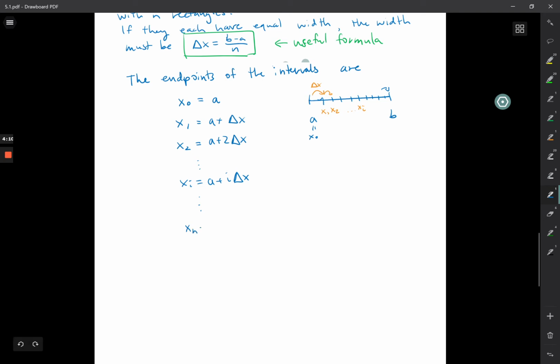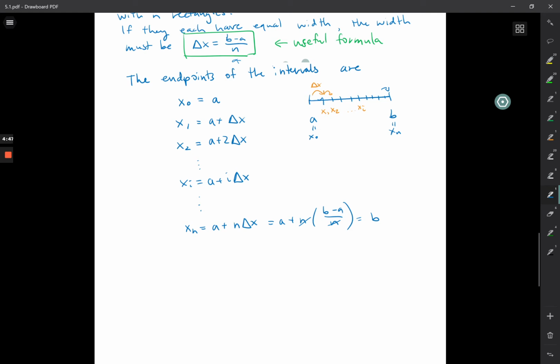So xn, following this pattern, will be equal to a plus n times delta x. It should give us b, and if we work this out, knowing that delta x is equal to b minus a over n from our formula, these n's cancel, and we get a plus b minus a. So those a's cancel, and we get b. So we do end here with xn equaling b. Okay, so these are each of our endpoints.